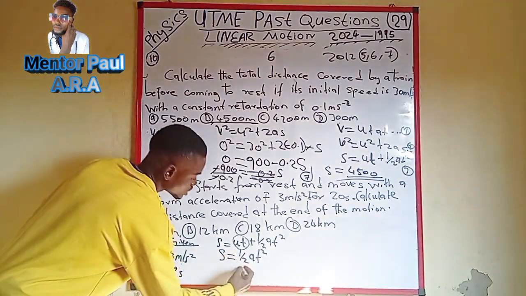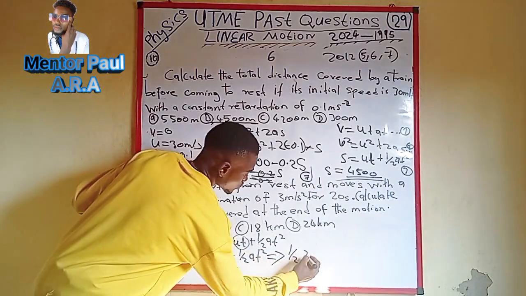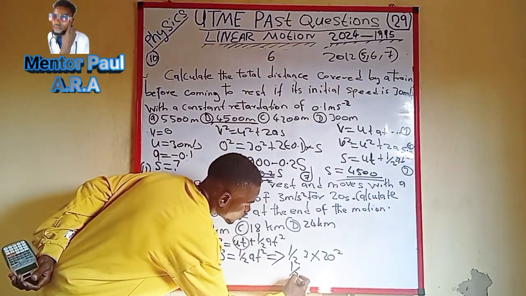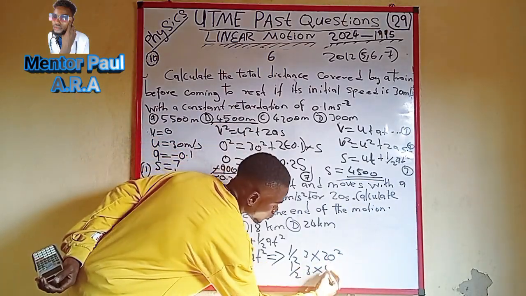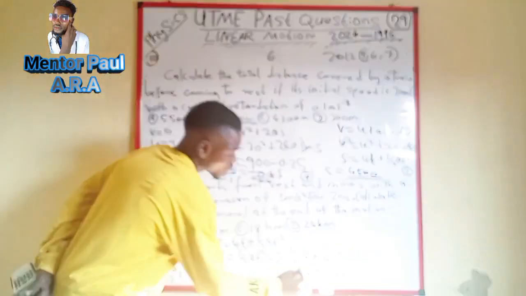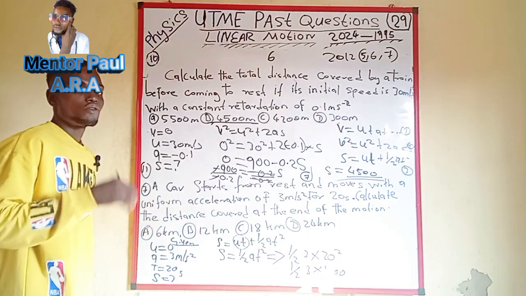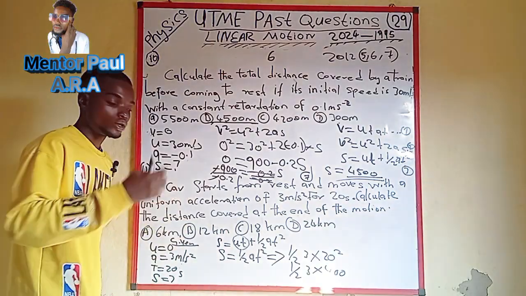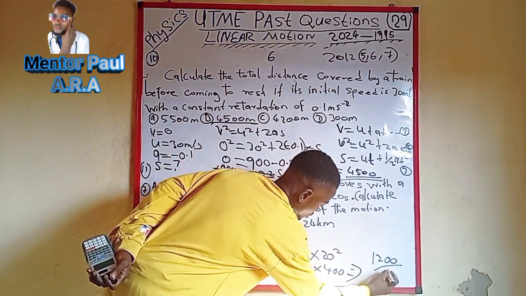Now s, which is what you are looking for, equals half of a, which is 3, multiplied by t squared, which is 20 squared. So I have half times 3 times 20 squared. 2 squared is 4, and the 0s will now be 2 places, so 400. Now 3 times 400: let's count, 4, 8, 12, so here we put 1200 instead of 12, because we have two 0s. So s equals 1200 over 2.